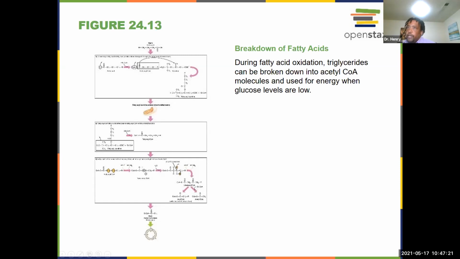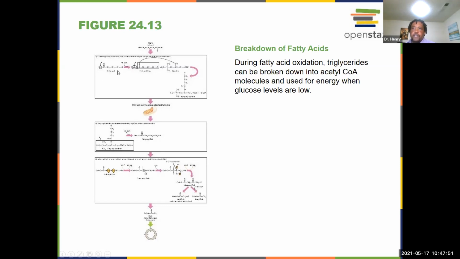So here we have that fatty acid that we were talking about earlier. So after we go from triglycerides to monoglycerides, those monoglycerides, or the fatty acids that are going to be left over from those monoglycerides, are then going to be processed.